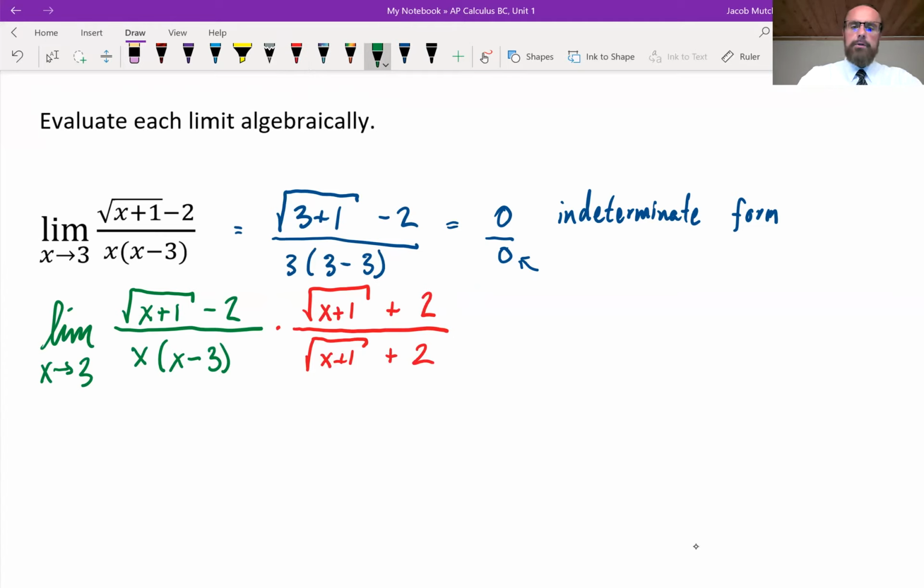Okay, so let's multiply this out. So this is the limit as x approaches 3. We're going to FOIL again. So it's first terms, that's the F in FOIL. So square root of x plus 1 times itself, square root of x plus 1. The outer terms are the bookends.